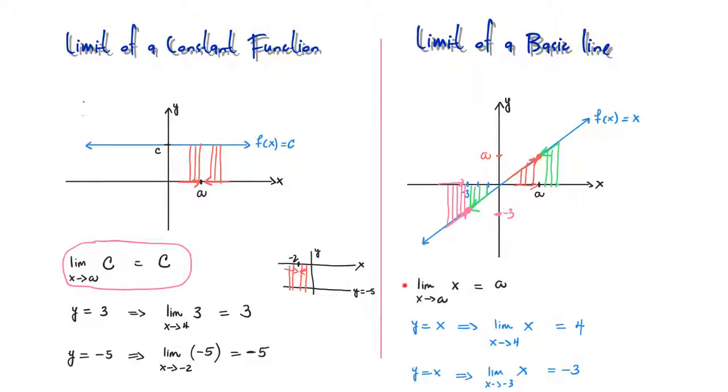So this is another result that I really want you to keep in mind from now on. The limit as x approaches a of the line y equals x is always a, and given a constant function, the limit as x approaches a of the constant function is always equal to c, whatever that constant is equal to. So two very important limits.